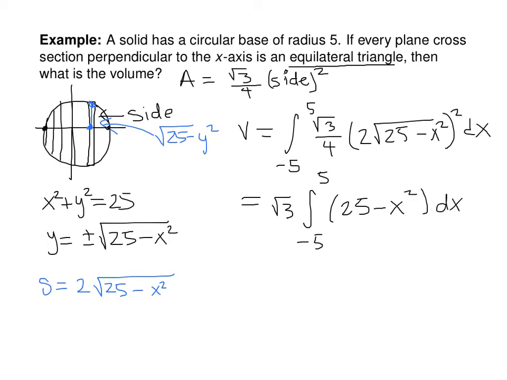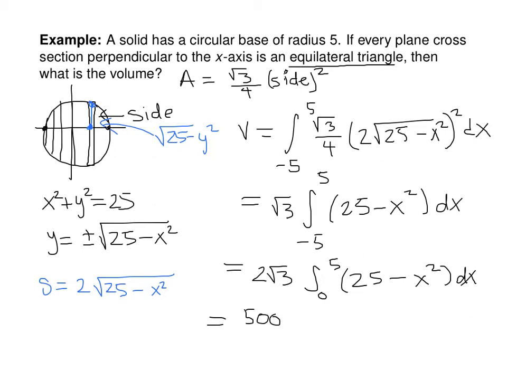The last thing I'd like to say is that since 25 minus x squared is an even function, you can instead compute twice the integral from 0 to 5, which is significantly easier in terms of the arithmetic. When you work that out, you end up getting 500 root 3 over 3. But the point is, cross sections are not always circles. There will not always be a pi in your answers.